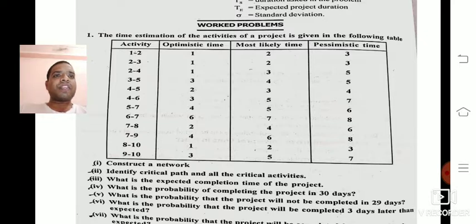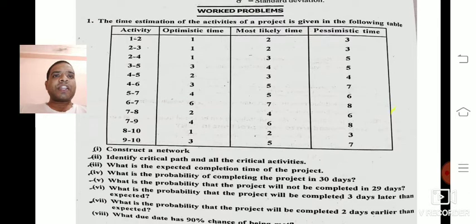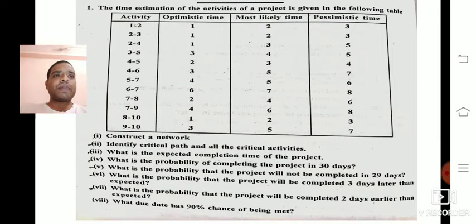What is the probability that the project will not be completed in 29 days? What is the probability that the project will be completed 3 days later than expected? What is the probability that the project will be completed 2 days earlier than expected? What is the due date that has a 90% chance of being met? You are going to find out the probability value from the normal curve table. How we are going to calculate that, I will tell you.